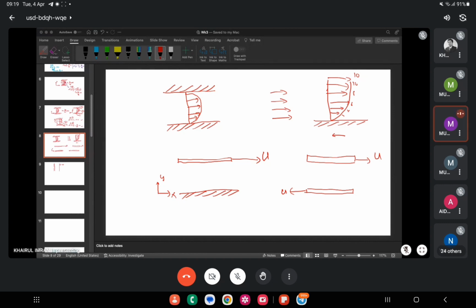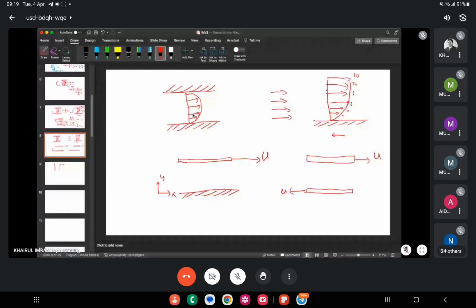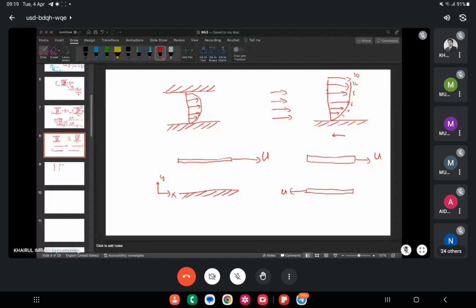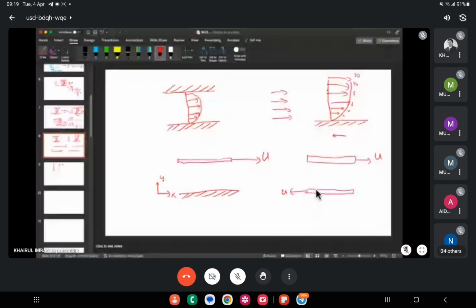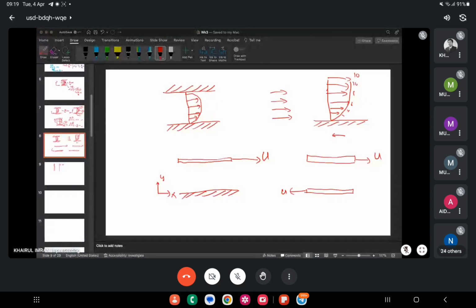Yang bawah fixed plate, atas yang plate bergerak ke kanan.